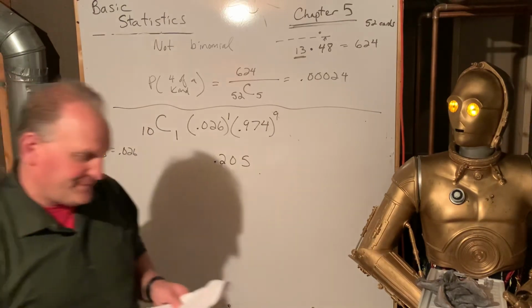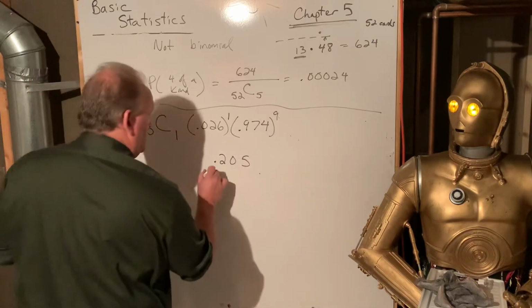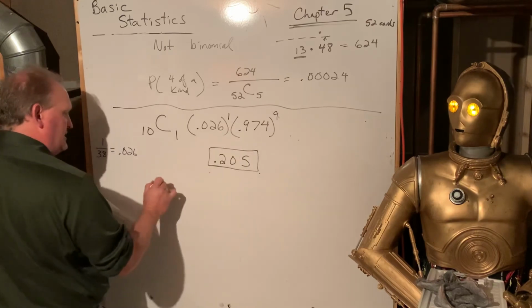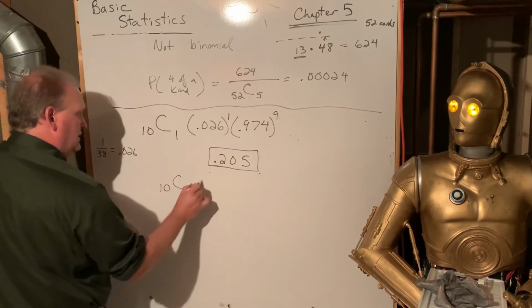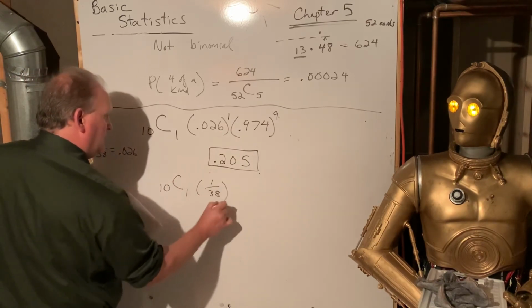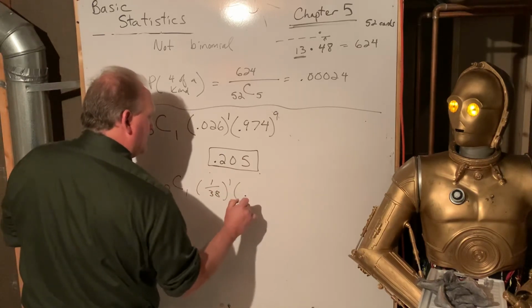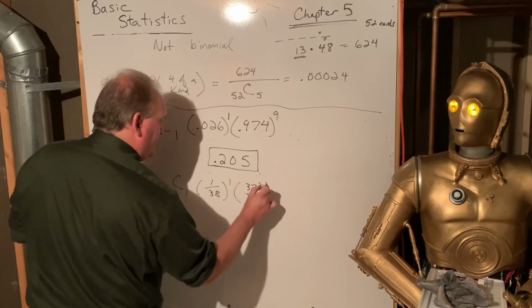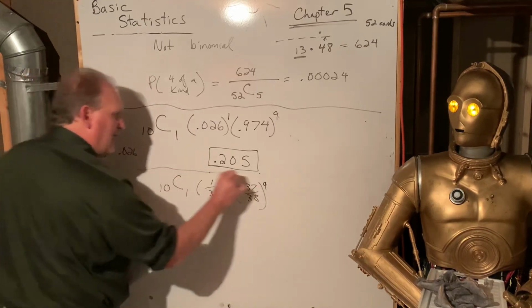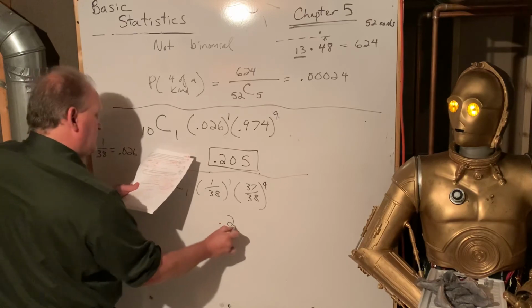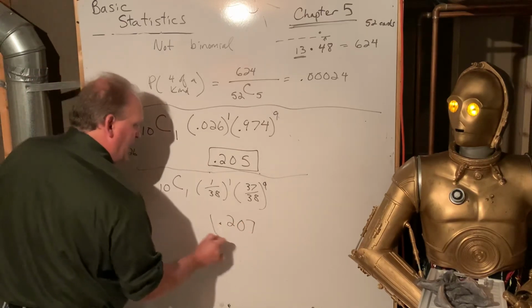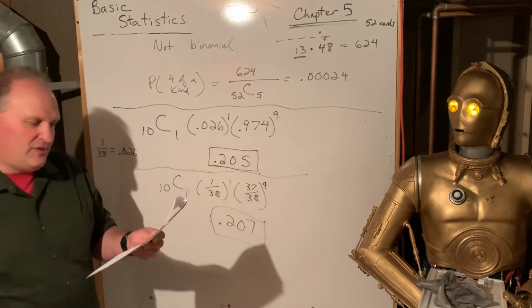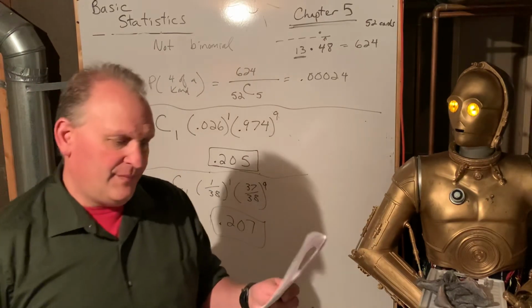If you do it with the actual fractions instead, this is actually a little more precise, then you will get 0.207. So that is round off error. That's why it's 2 thousandths off on one of them than the other one.